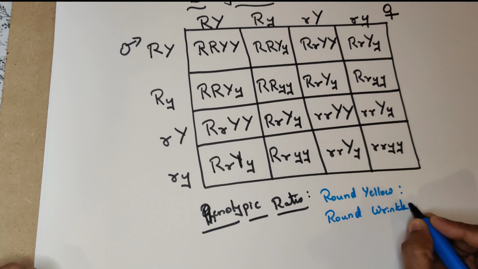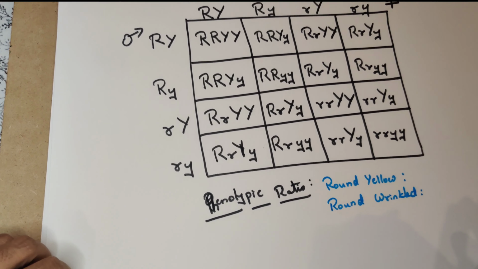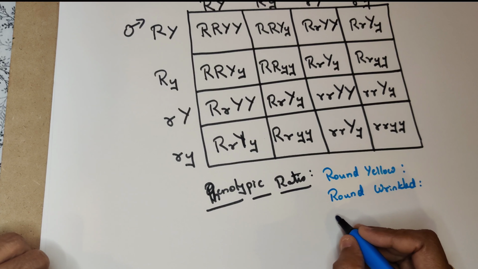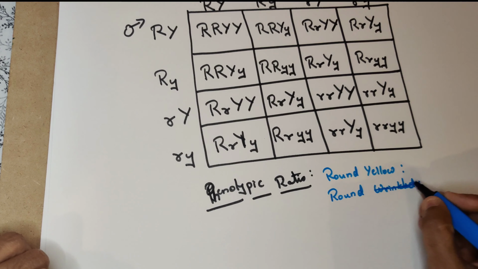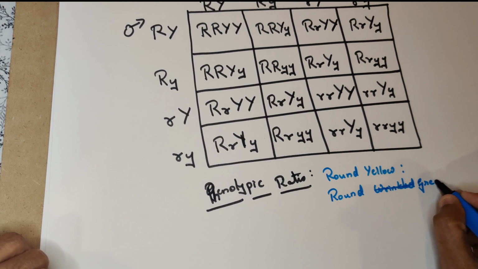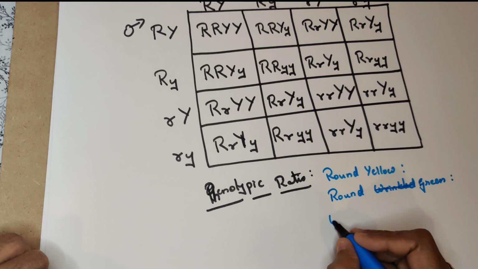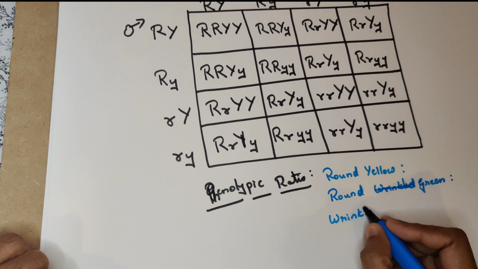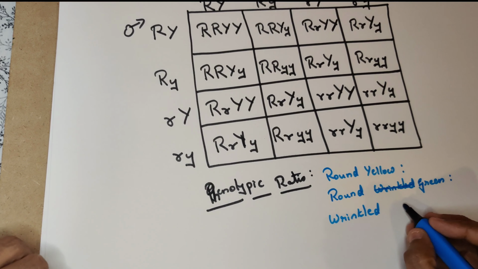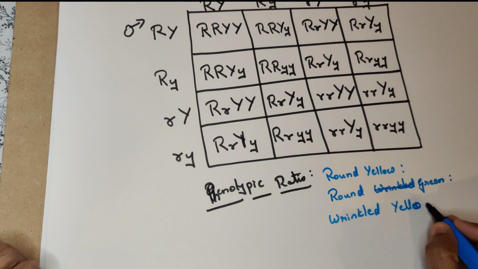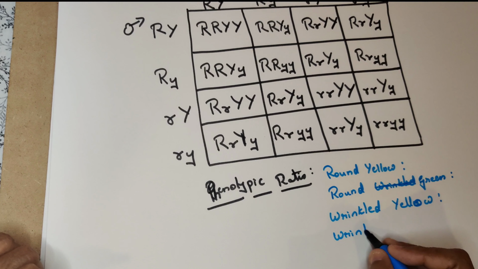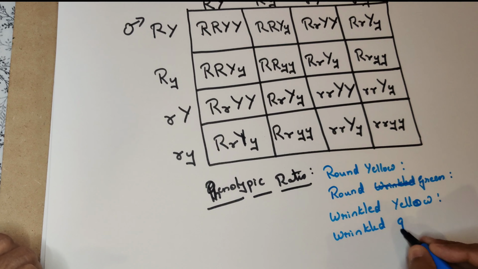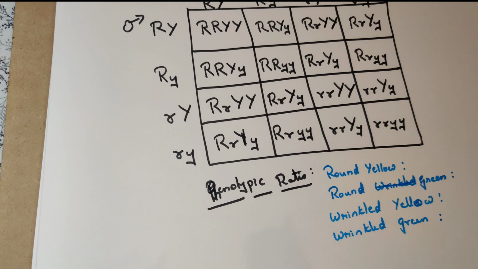These are all new characters that have formed out of this cross. How many are round and green? How many are wrinkled yellow? And how many are wrinkled green? This is what we are going to see now.